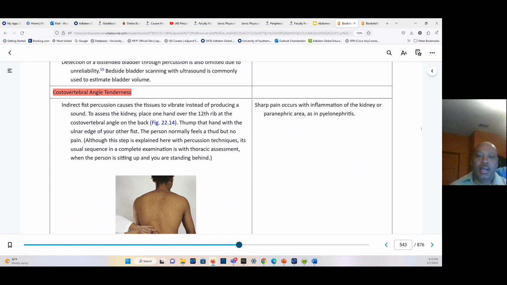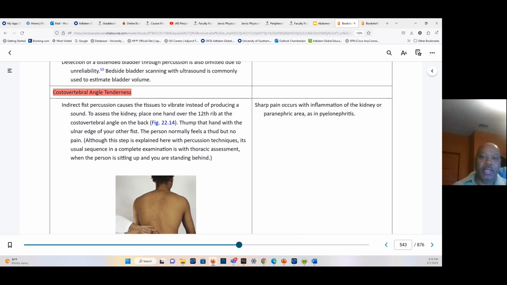Now, as I mentioned, the thump, so we thump the hand that is over the kidney with the ulnar edge of our fist, this portion, not the radial, but the ulnar part. And a person normally feels a thud, as I said, and they don't actually feel any pain, which would be a negative result.